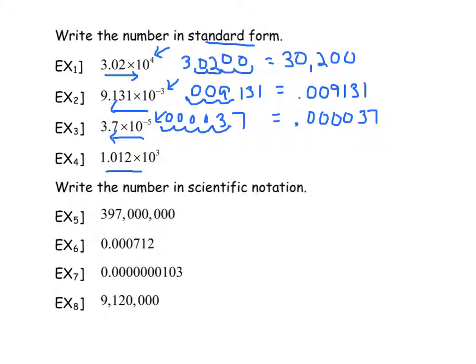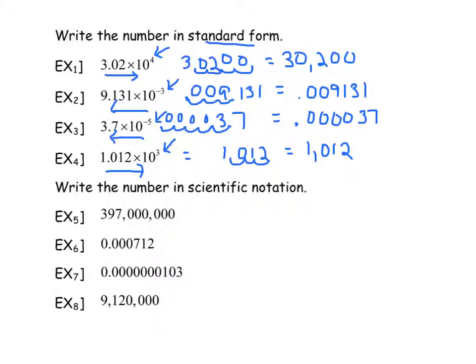And the last one for standard form, this 3 tells me to move it, it is positive, so you move it to the right. So 1.012, I move it 3 places to the right. So you get 1012.